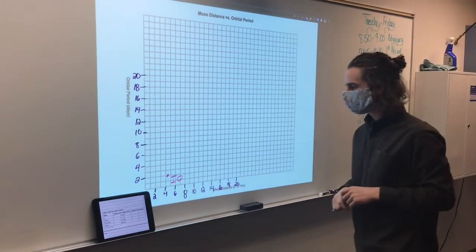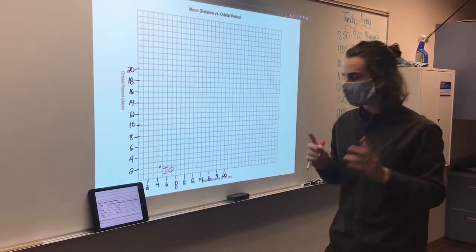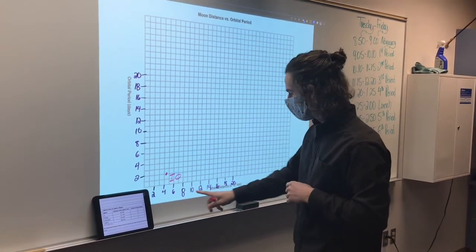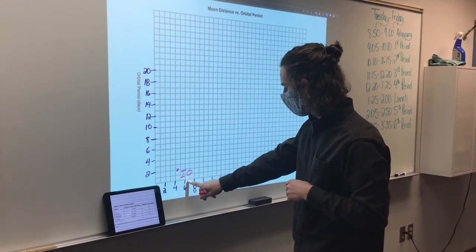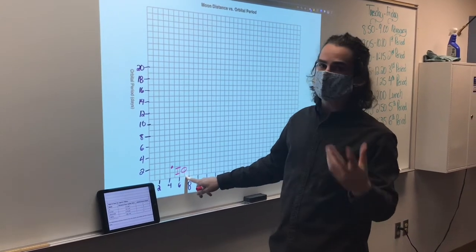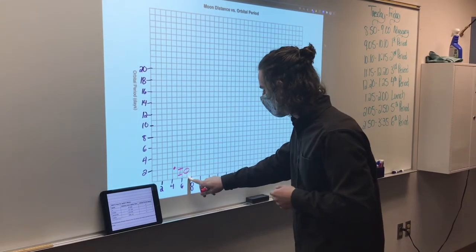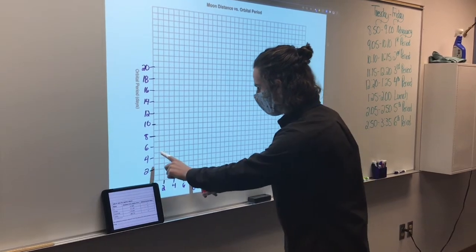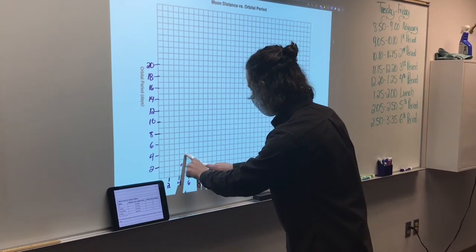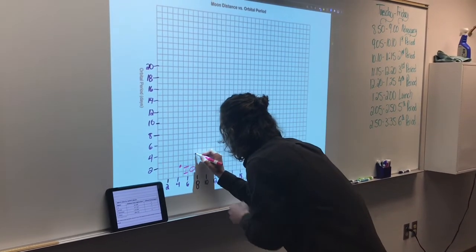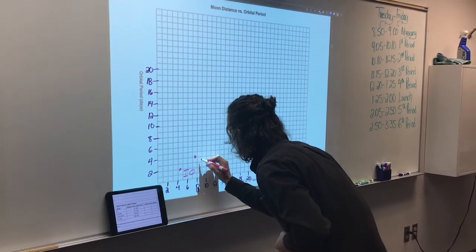So there's Io. And then the next moon is Europa. Europa has a distance of about 6.7, which is 671,000 kilometers away from Jupiter. And it has an orbital period of 4. So about right there, that's where Europa is.